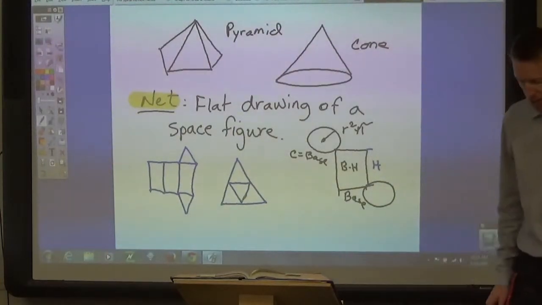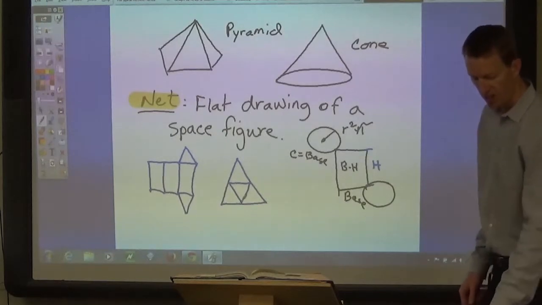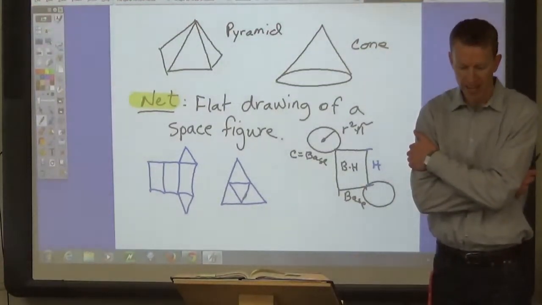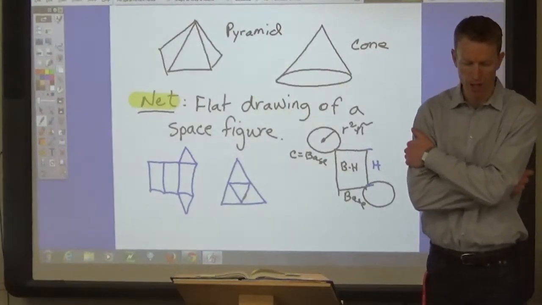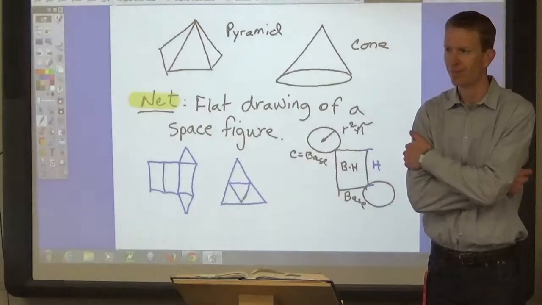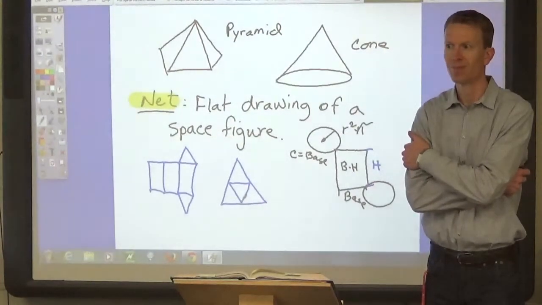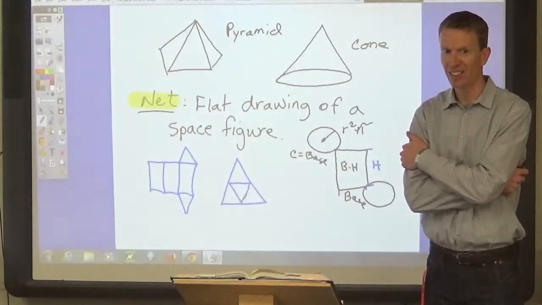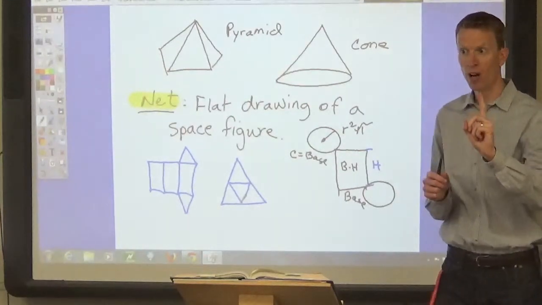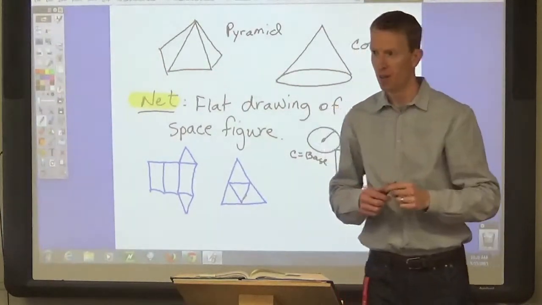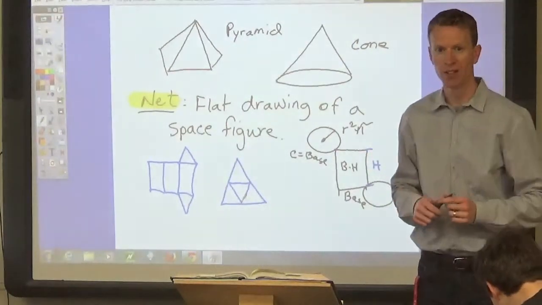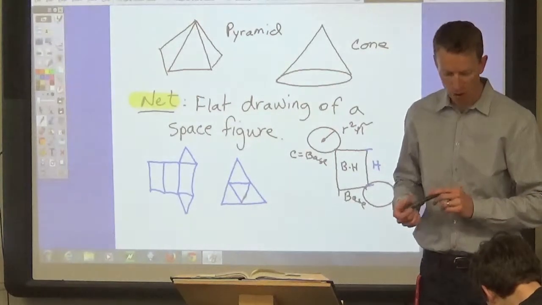Name the space figure number 1. So what is the face of number 1? An octagonal pyramid. How many bases are there? Only one, right? So it's an octagonal pyramid. All of those points would come together. Number 2.